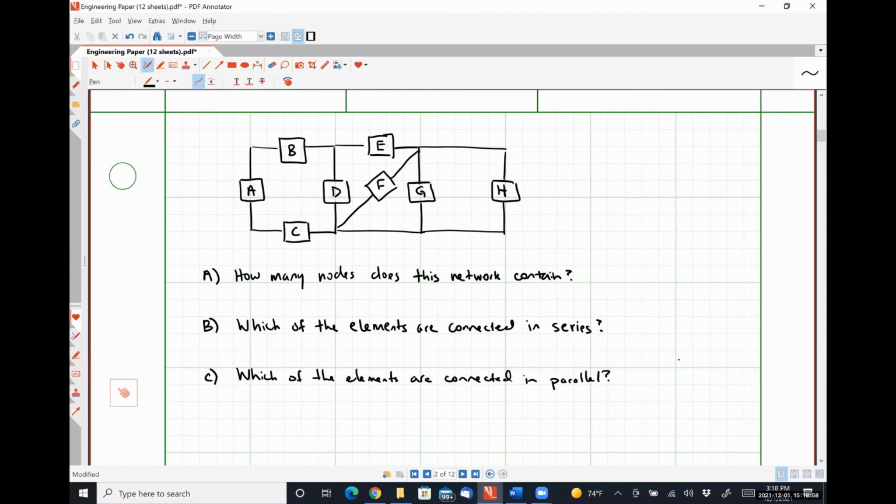5, okay. I agree, but let's go through the motions and identify them. So we have this guy in red, where A and B are connected. This guy in orange, the node where A and C are connected.